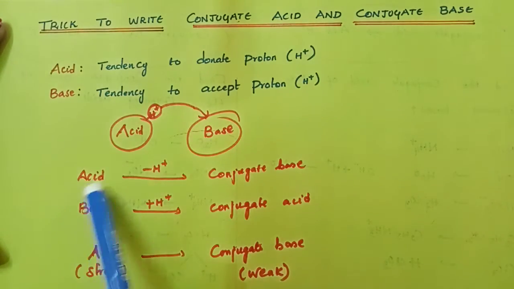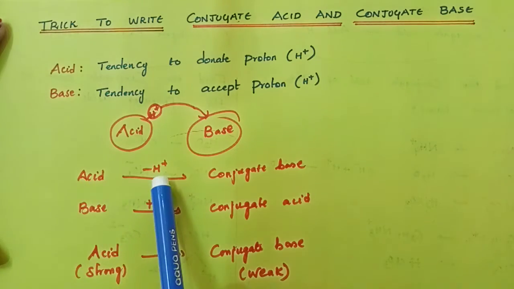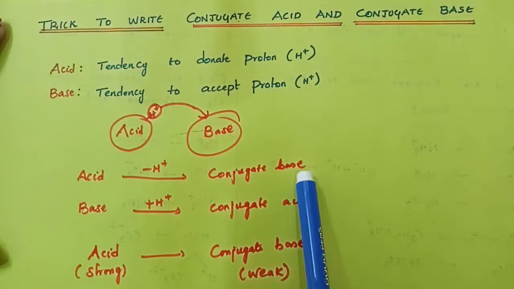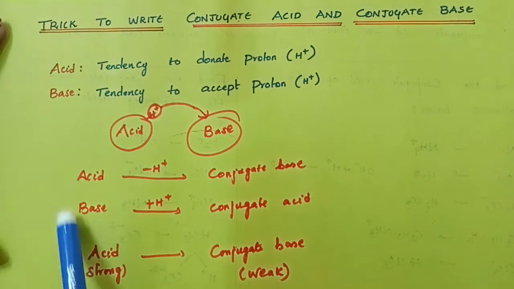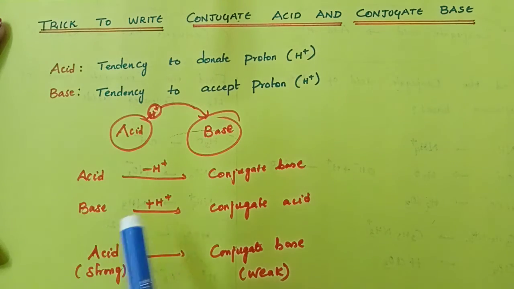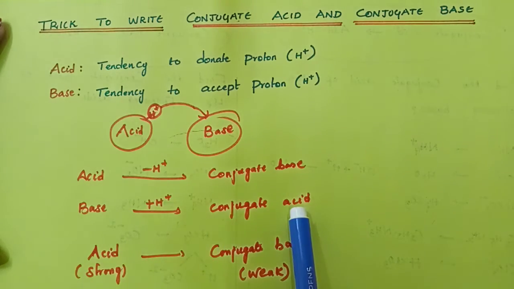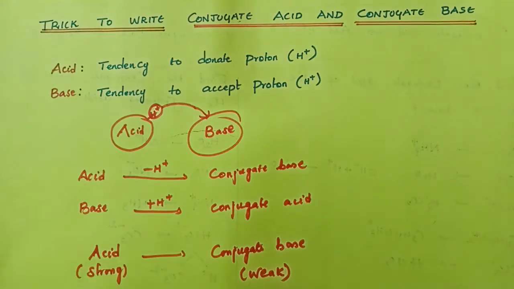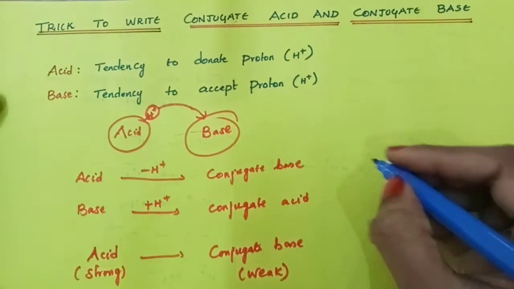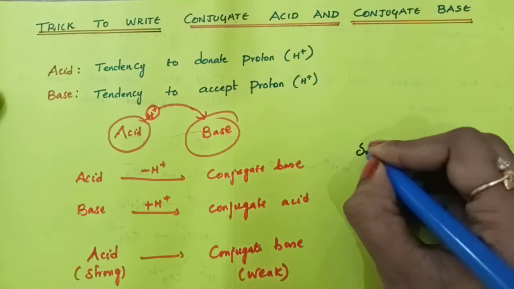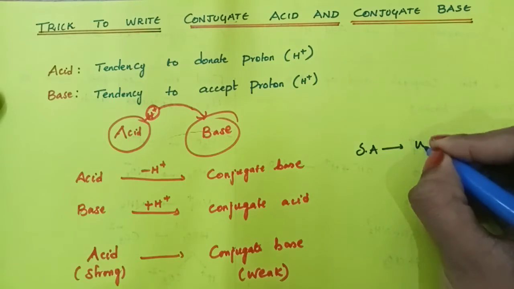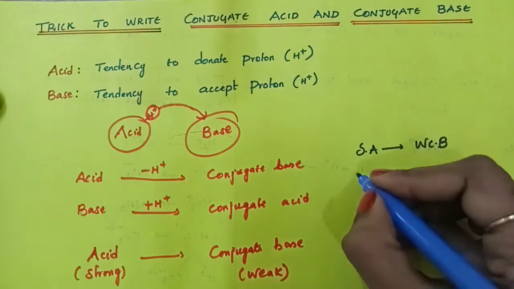Consider an acid: it donates one proton and forms a conjugate base. Likewise, a base accepts one proton and forms a conjugate acid. Usually, a strong acid forms a weak conjugate base.